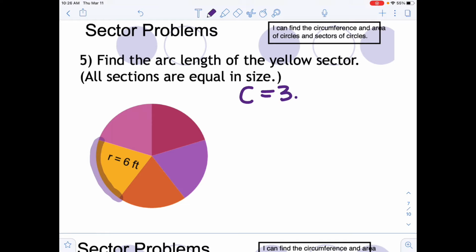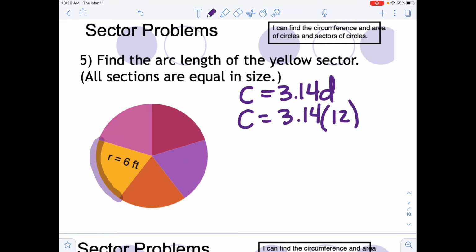So circumference equals 3.14 times diameter. I know that my diameter is twice my radius, so my diameter is 12. 3.14 times 12 is 37.68. So that's the full circumference of the circle.